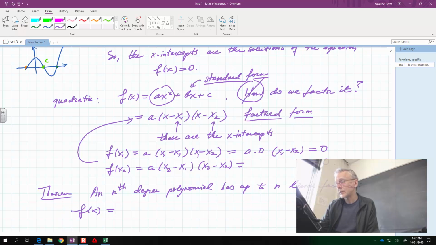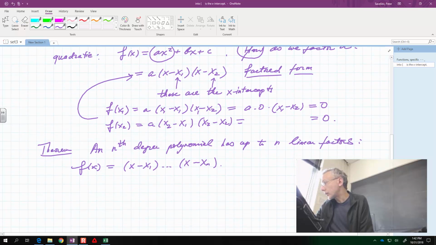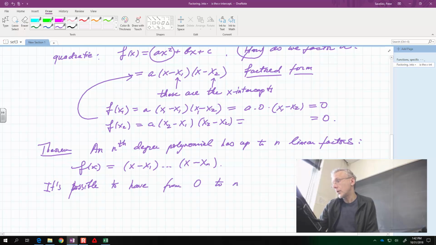So that's the next topic to explore. It might look like this: x minus x1, through x minus xn. This is the largest possible factorization, where there are exactly n factors. But in general, it's not the case. So it is very important to remember that in addition to this, it's possible to have from 0 to n factors.